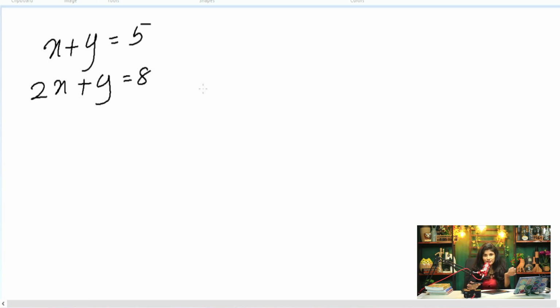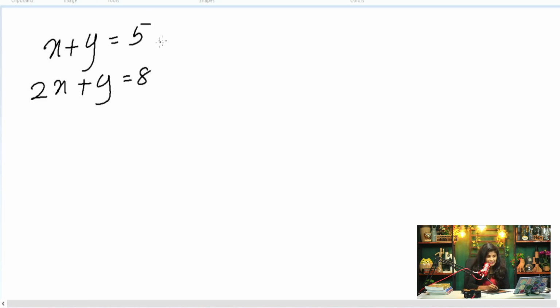Now you have two unknown terms, or two variables. So in this question, the two unknown terms are x and y, and we have to find the values of x and y.